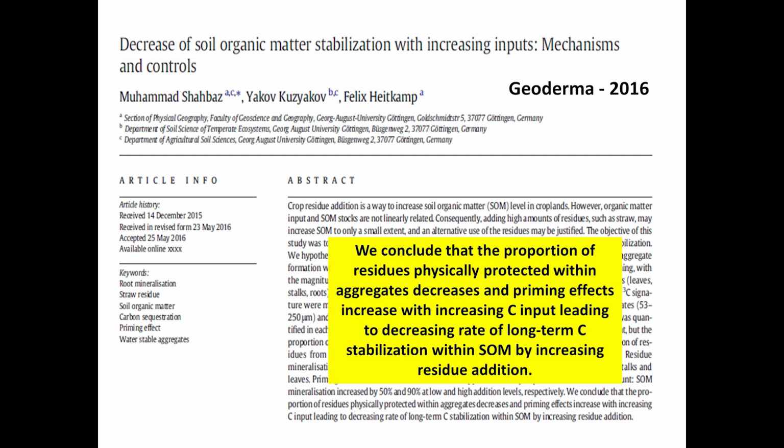And what they found was the higher the residue input, specifically above ground residue input, the less the carbon got stabilized. The higher the input, the less the carbon input led to actual entombed carbon, or carbon that was captured in a stable form in the soil.